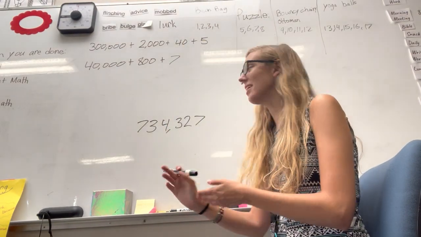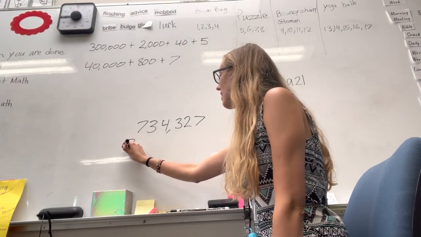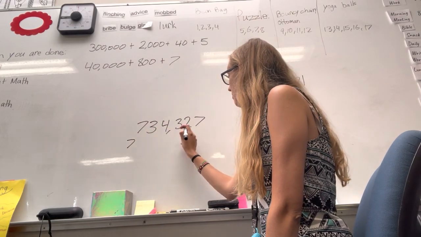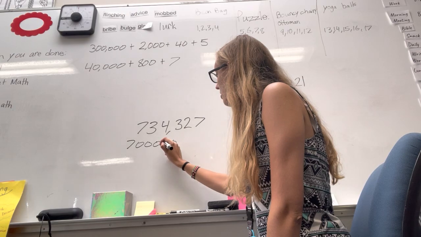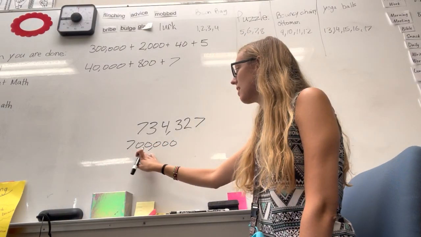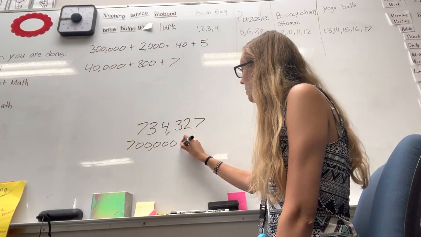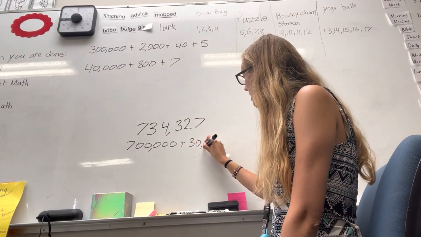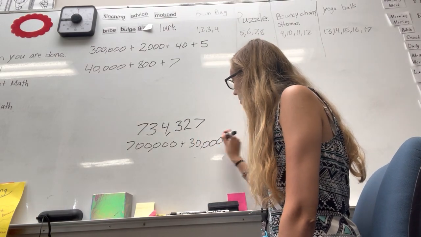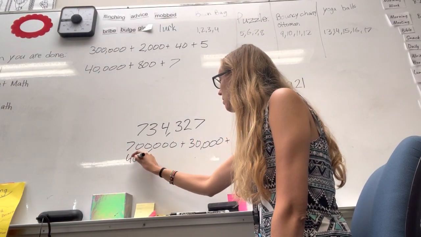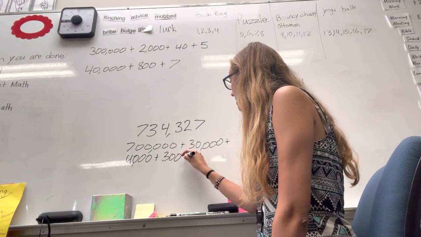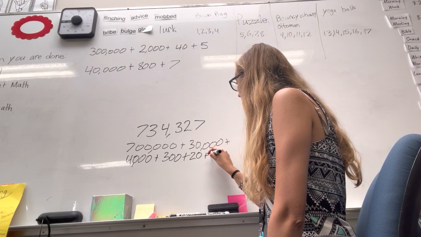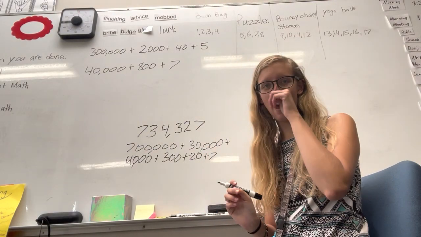I'm going to show you how to write this. So we're going to write 7, 1, 2, 3, 4, 5 zeros. 1, 2, 3, comma. So this says 700,000 plus 30,000 plus 4,000 plus 300 plus 20 plus 7, just like that, all right?